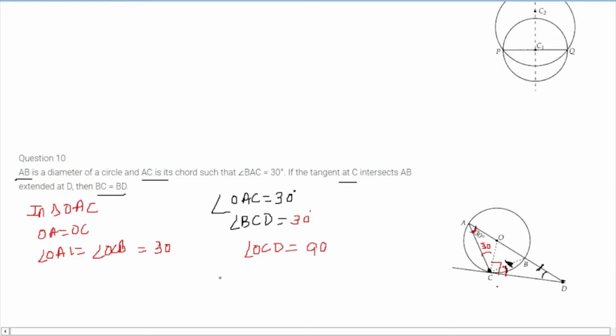So from here we get that angle ACD will be equal to 30 plus 90, so this angle will be 120 degrees.